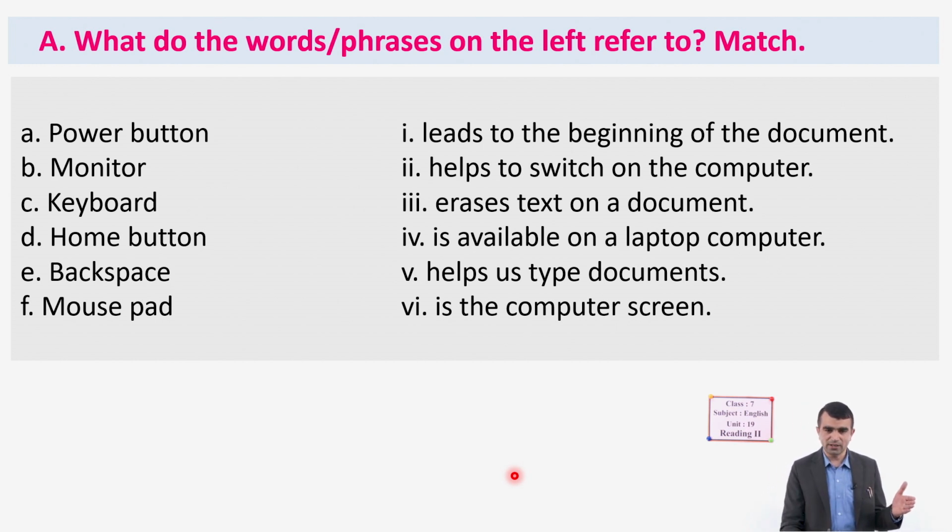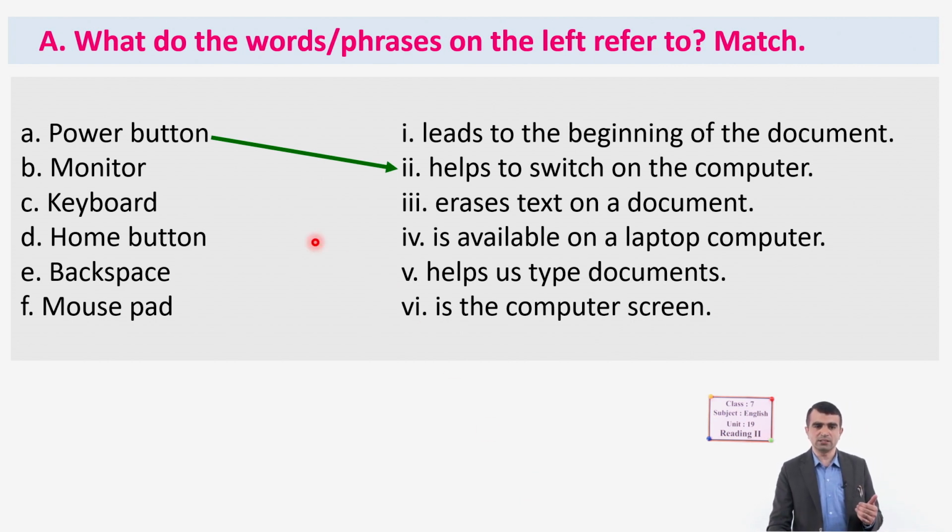Match. Okay. Now, one has been given. Answer to one is there in your book, isn't it? The first one is given. Power button. Okay. And that is related to switching on the computer. So, power button helps to switch on the computer.